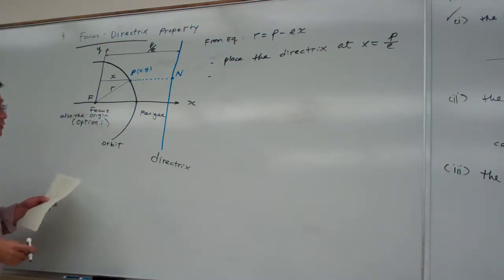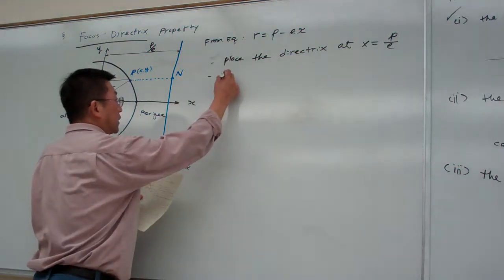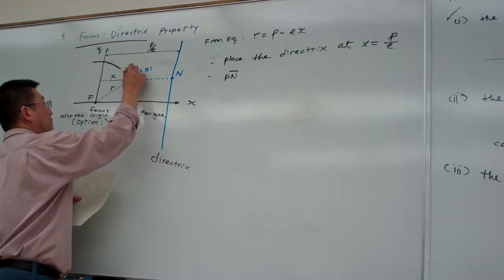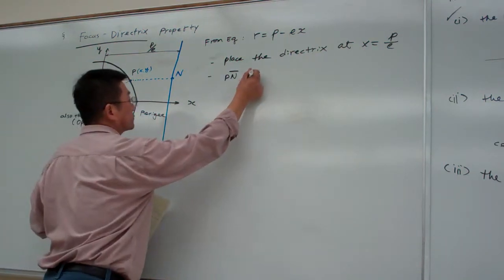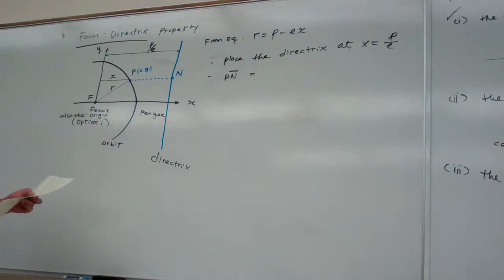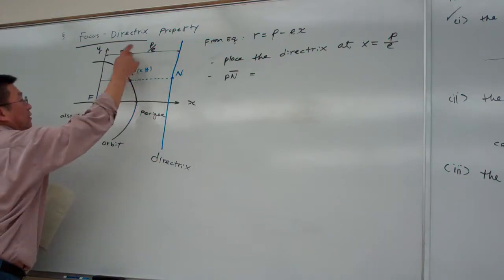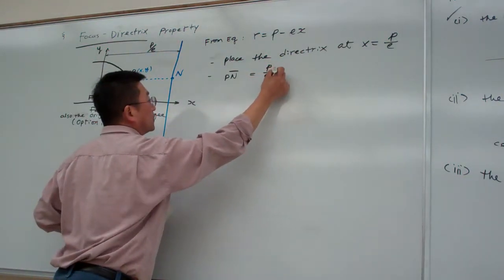Therefore, you can see that Pn equals the difference between this one minus x, so Pn equals P over E minus x.